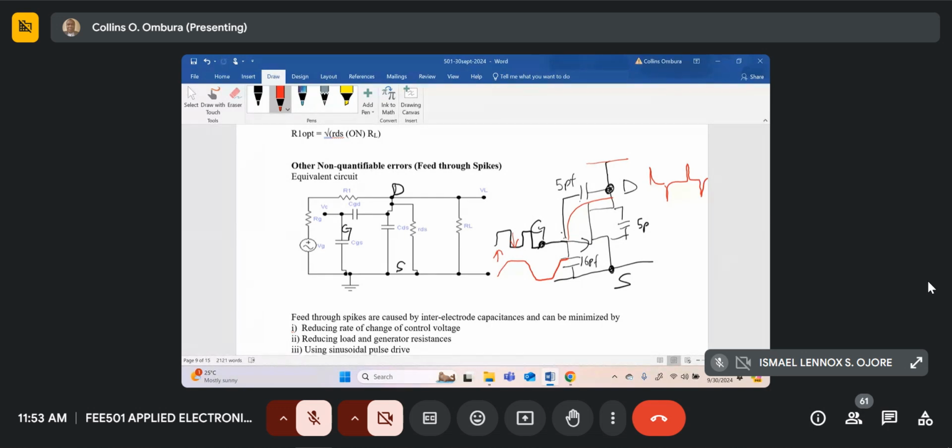So by using filters or by shaping the waveform, we can decrease the rate of rise and the rate of fall of the control waveform, and therefore the switching spikes will be less, because the harmonics of high frequencies will be less, and therefore the lower frequencies will get greater opposition to the reactance at 5 picofarads.